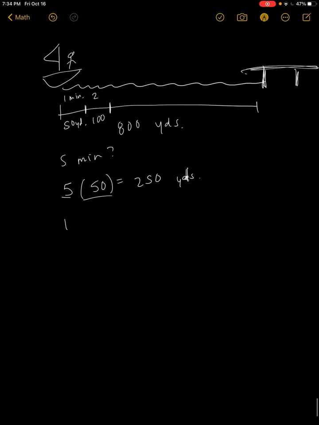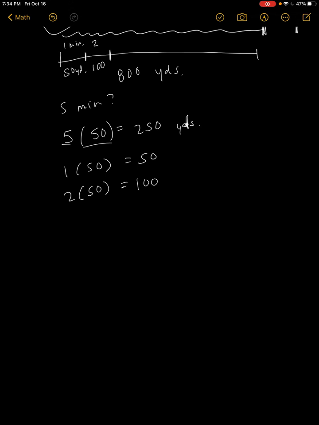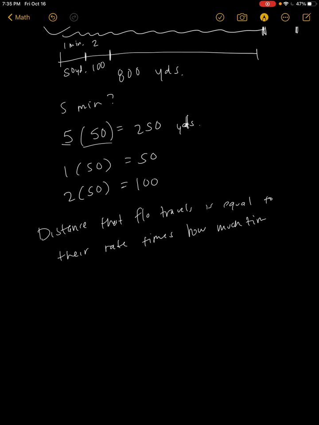But we notice a nice little pattern. If you did the 1 minute, 1 times 50 equals 50. 2 minutes, 2 times 50 equals 100. So that actually means the distance that Flo travels is equal to their rate times how much time they row.